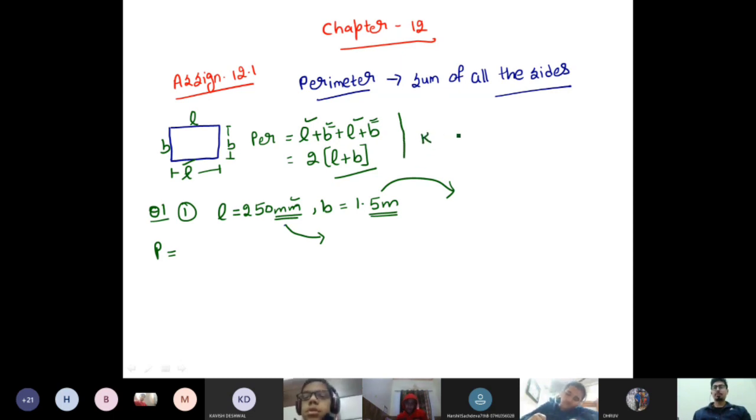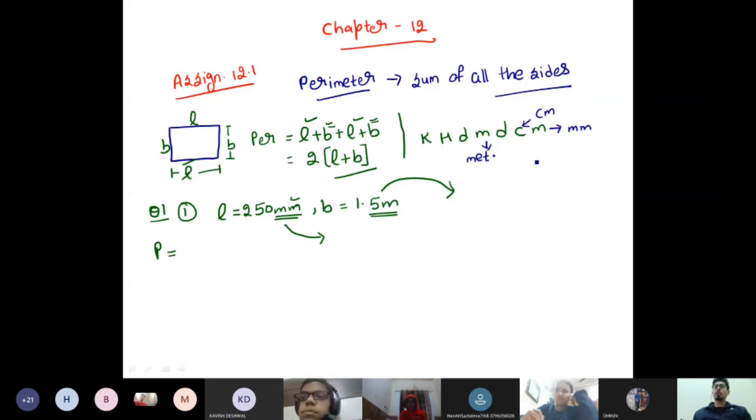You know this method, or not? See, this is for meter, and this is for millimeter. This is centimeter.